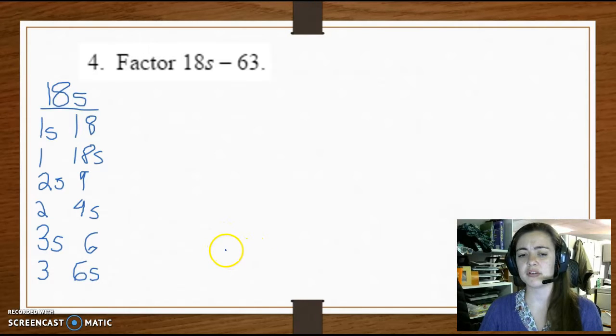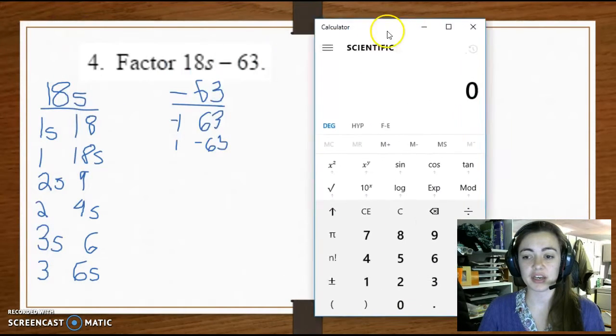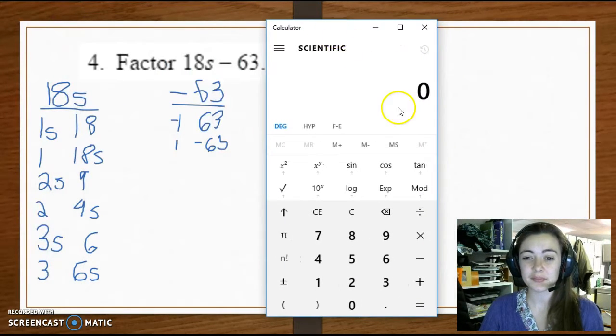So let's look at negative 63. We could have negative 1 times 63, or 1 times negative 63. Whenever there's a larger number, sometimes I bring in my calculator so I can try to see which other ones.